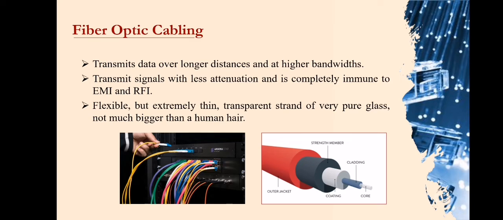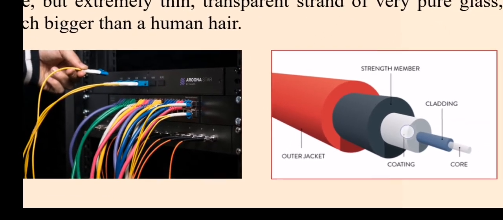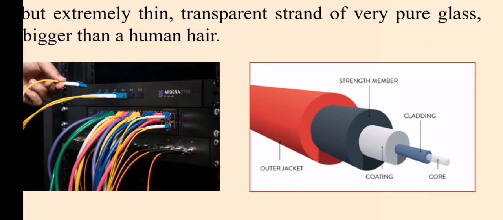Now, optical fiber cable is used to transfer information via pulses of light, which pass along one or more, indeed anything up to a couple of hundred in some cases, transparent glass or plastic pipes. As you can see in this illustration, the core is made up of plastic or transparent glass.